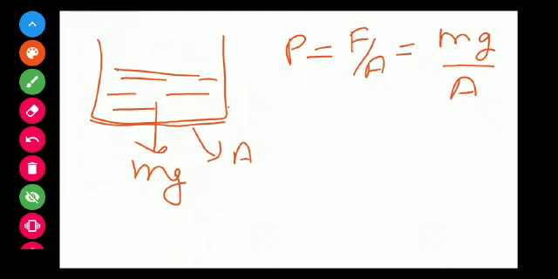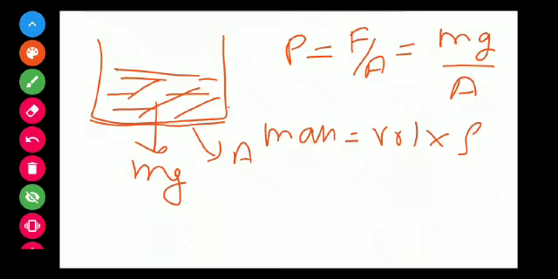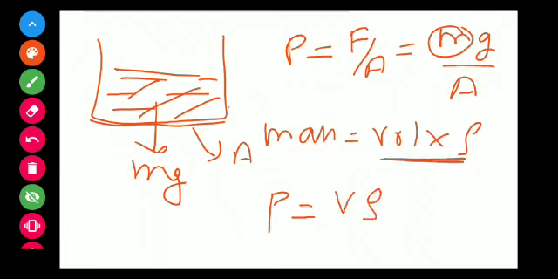What is the mass? Mass of the liquid is equal to the volume of the liquid into the density of the liquid. So pressure is equal to volume into density into g upon area. What is the volume?